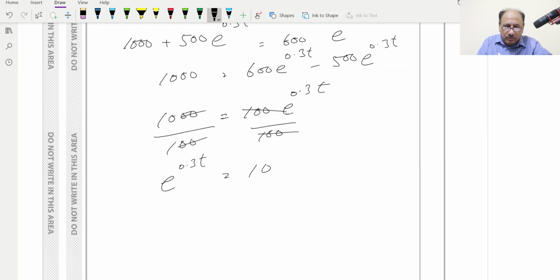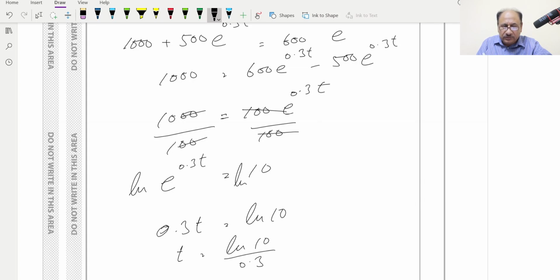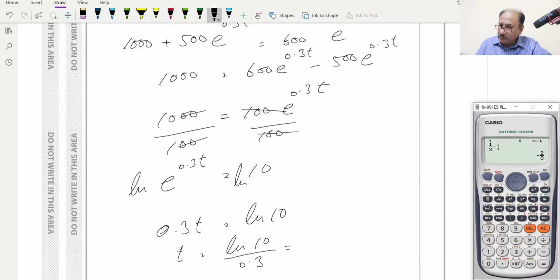We can take log on both sides, so 0.3t is equal to log 10, and t will be equal to log 10 over 0.3, and this will be equal to 7.675.